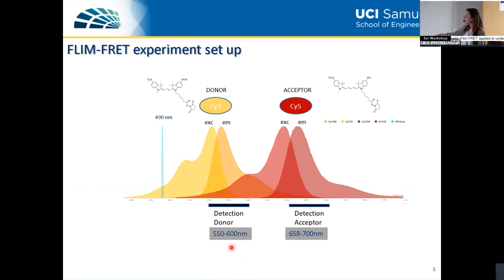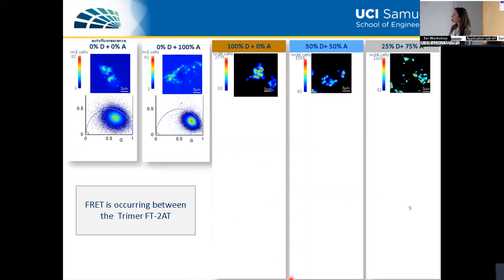We had a second channel to detect the acceptor at 658 to 700 nanometers, just to check that there was fluorescence there, but all the analysis we did is just with the donor channel. I forgot to mention that we measure FLIM in our ISS instrument.